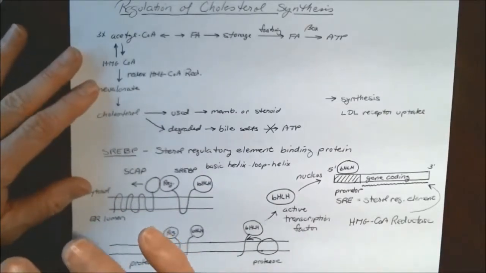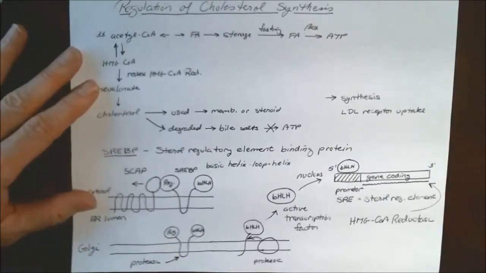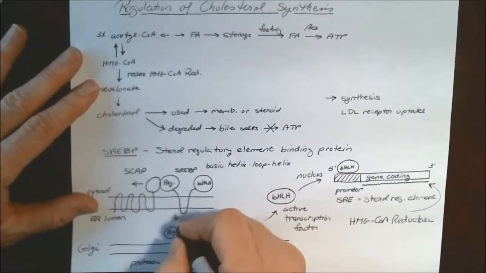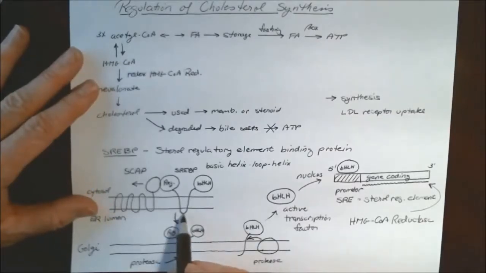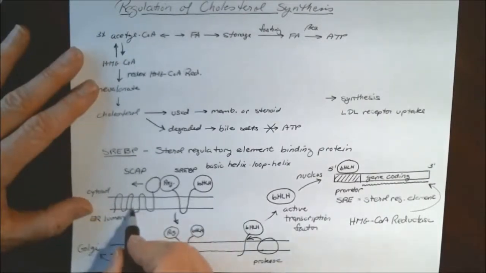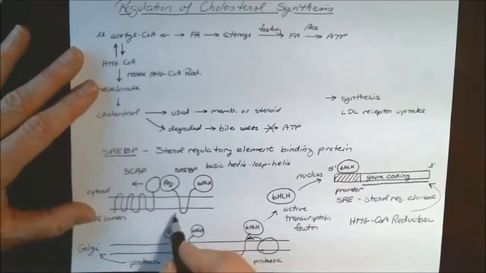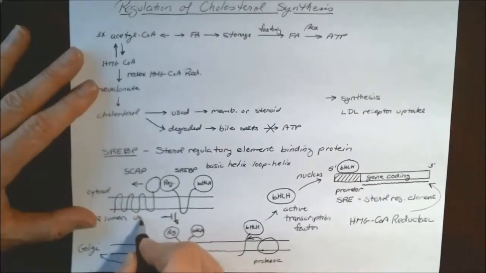Now, how is cholesterol regulated here? Cholesterol regulates itself. The translocation of the SREBP complex from the endoplasmic reticulum to the Golgi, in order to expose this cleavage site to the protease, which is localized only in the Golgi, this is not found in the endoplasmic reticulum, this movement here is inhibited by cholesterol.